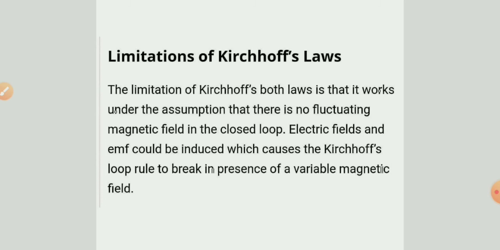It works on this assumption. Electric field and EMF could be induced, which cause the Kirchhoff loop rule to break in the presence of a variable magnetic field. It can't be applied for a variable magnetic field.